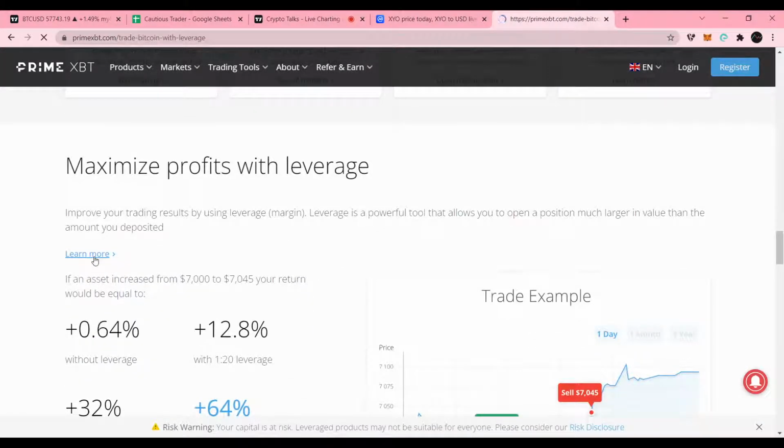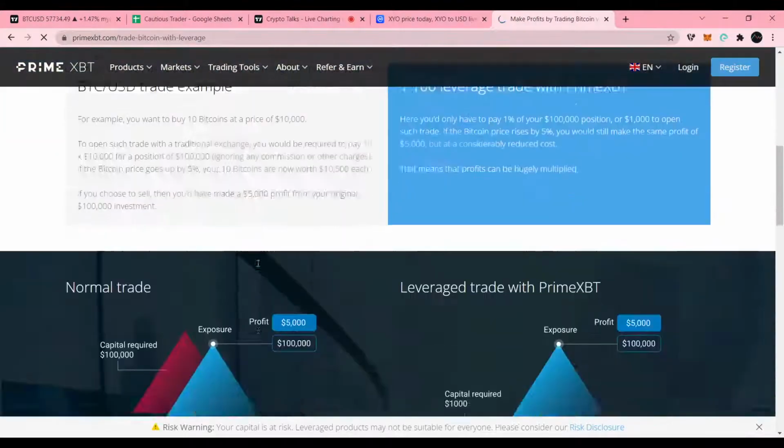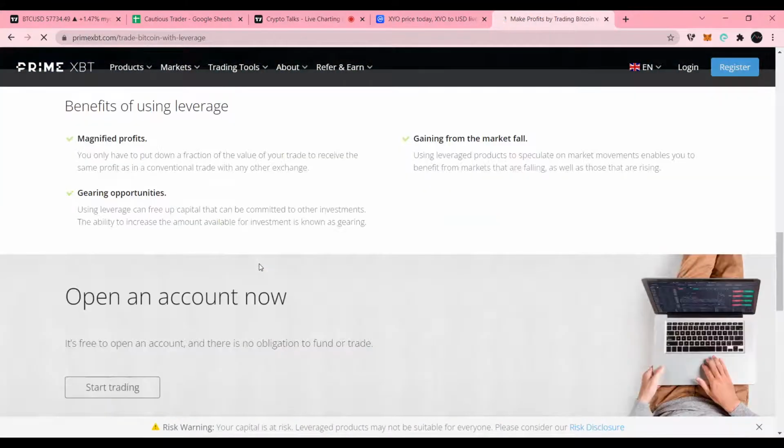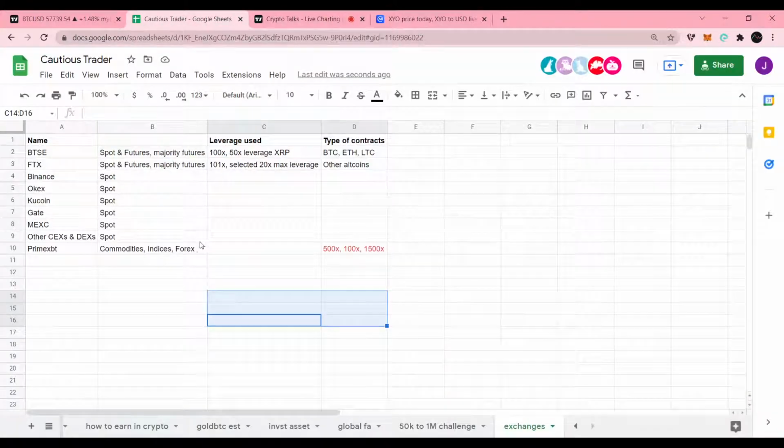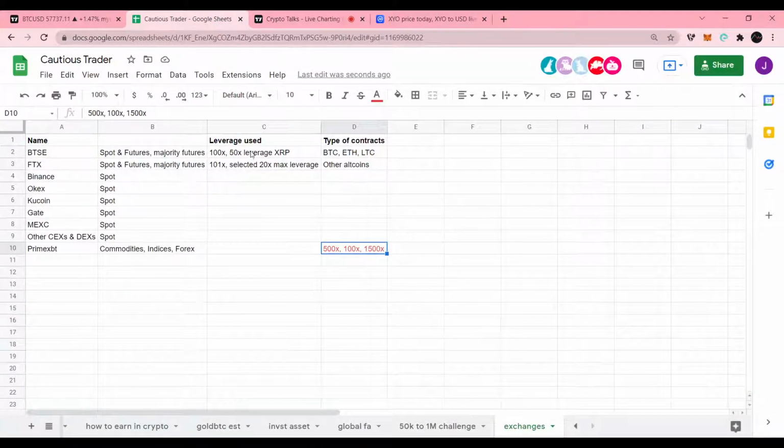Here. Oh, how does the leverage trade, but it's not on the, let me just check it out. But I know it's higher than this one.